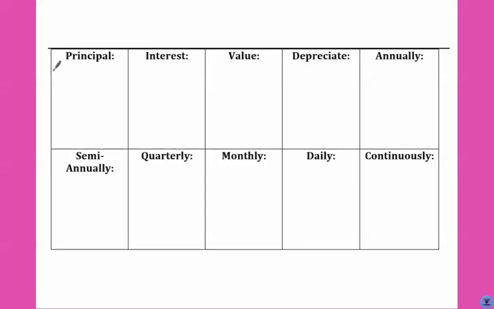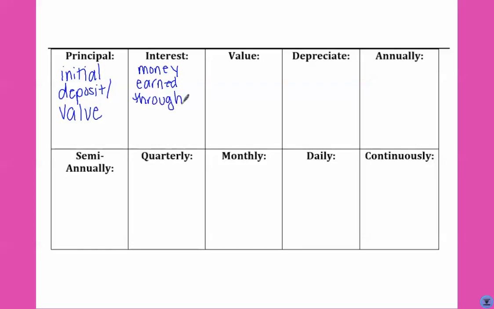So, some vocabulary that we need to know for these problems. The principal. This is not Mr. Dolson. This is your initial deposit or value. Interest, in the situations we're going to be talking about, is going to be money earned through savings, like a savings account.